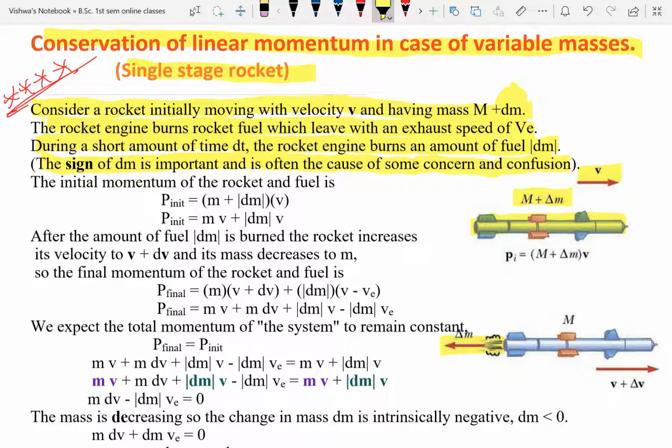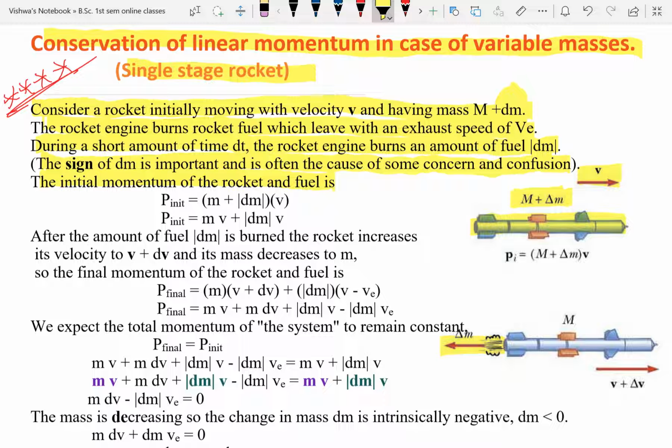Here the conservation of momentum says the initial and the final momentum remain constant. For that we have to write the initial momentum of the rocket and the final momentum of the rocket. The initial momentum includes the whole mass of the rocket, with the total fuel. The mass of the rocket now is m plus dm, and it has velocity v.